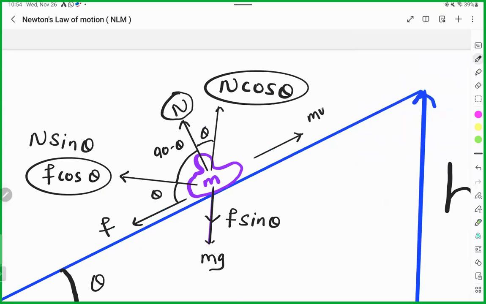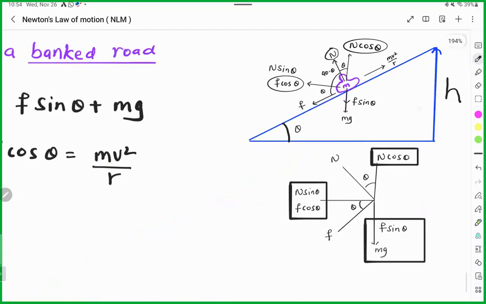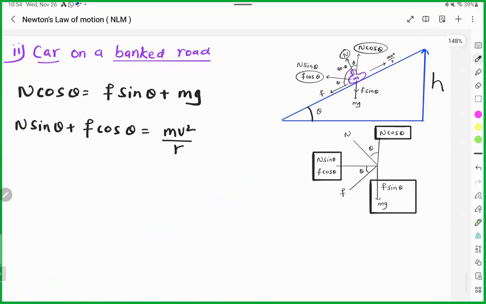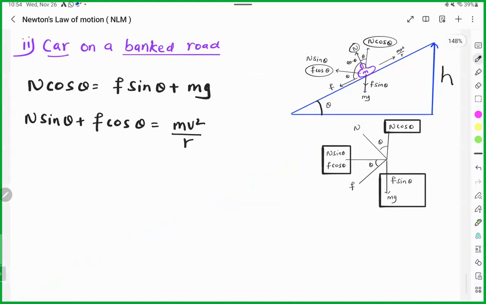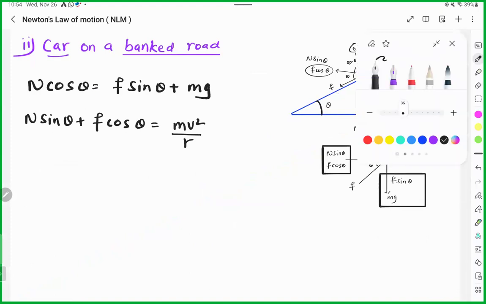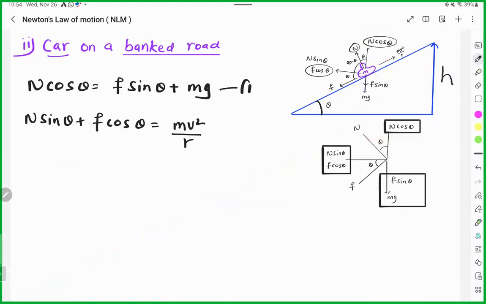Here it will be mv square by r, outward. Any doubt, guys? No, sir. If you understood this well, this I can write as equation 1, this as equation 2.